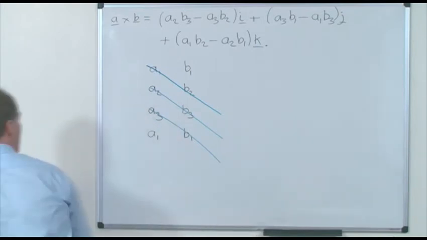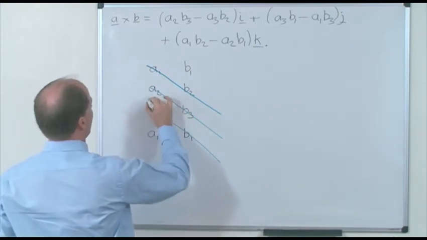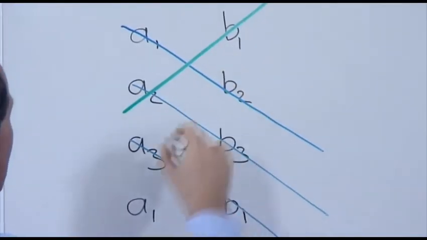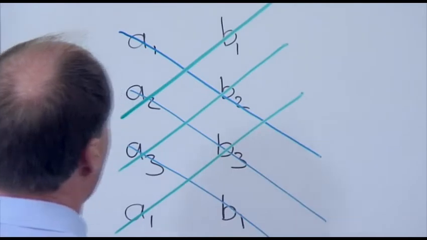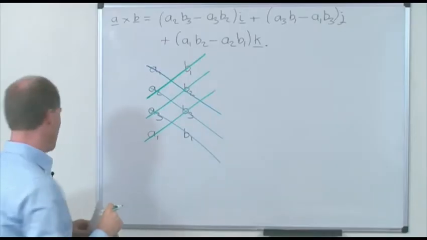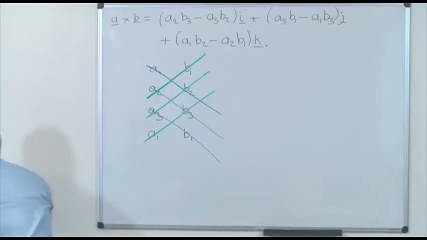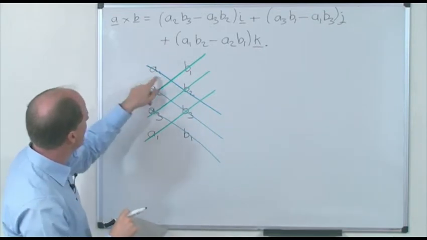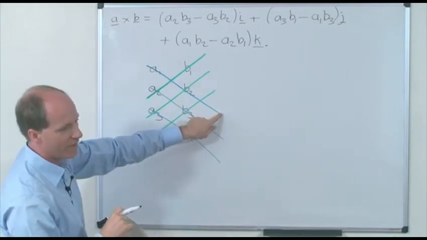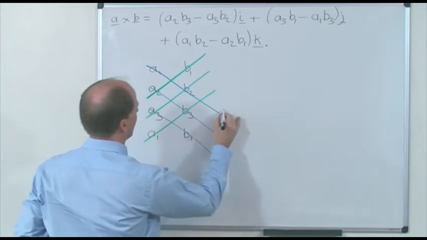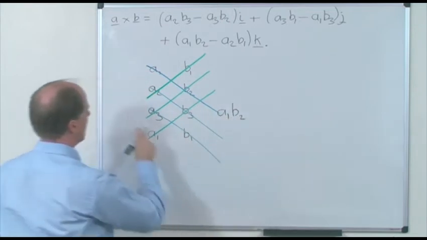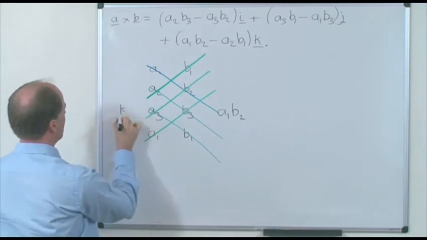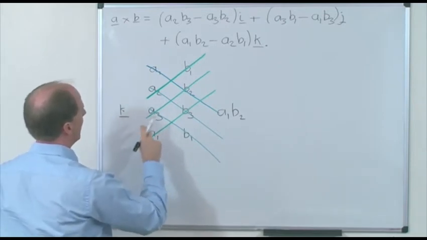If I now draw diagonals the other way, a2, b1, a3, b2, and a1, b3, then you see I get all the negative ones. What's more, if I write down the product at the end of the diagonal, I get the terms in the right place. So here I get a1, b2, which is in the k position.